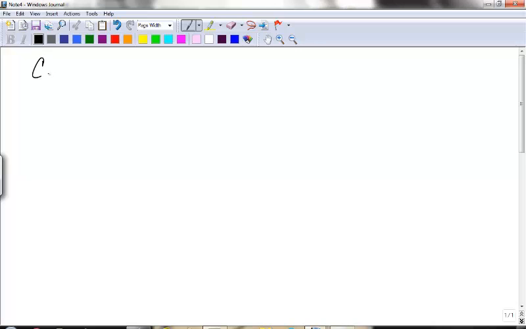Okay, so this will be the second day on section 1.5, and this one is actually solving inequalities. The other day we did solving equations with an error of 0.01.